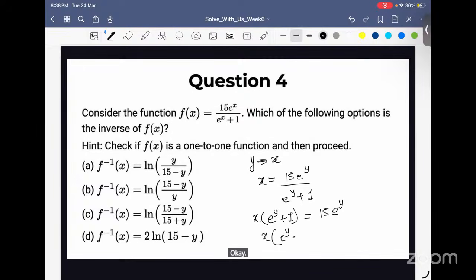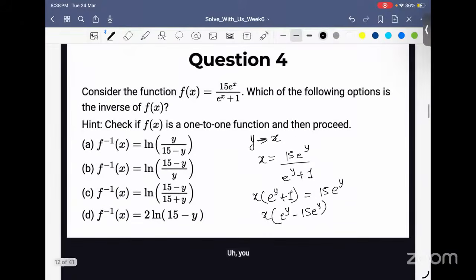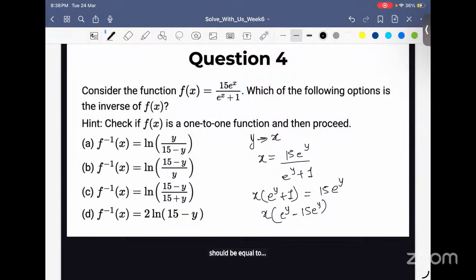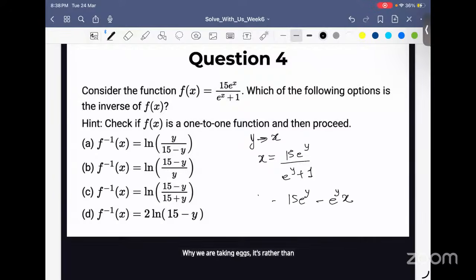Okay, 15 e to the power y minus x e to the power y equals x. So e to the power y times 15 minus x equals x, which gives e to the power y equals x by 15 minus x.